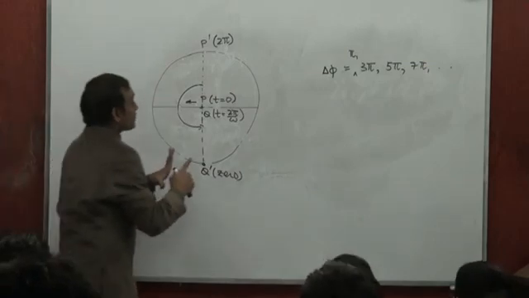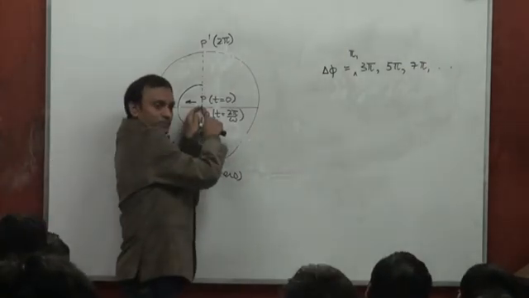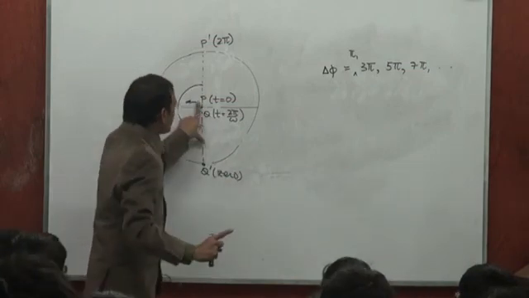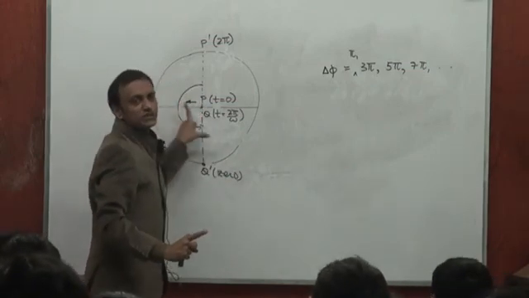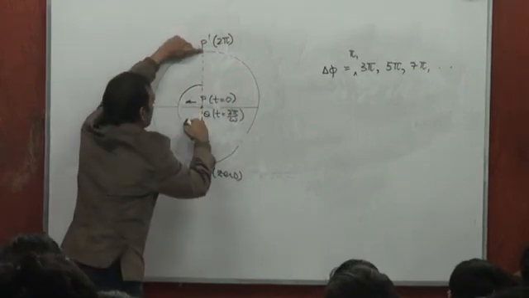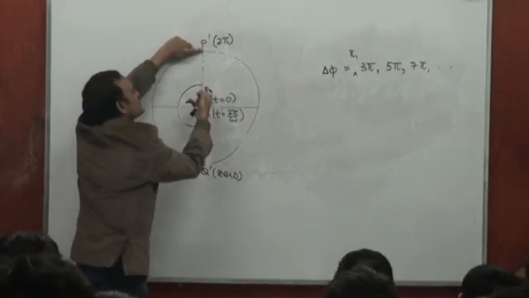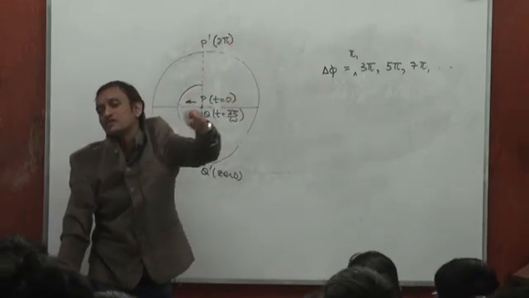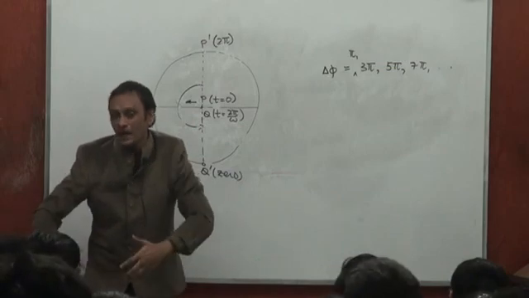Why? Because when at the mean position, if the two particles are observed at the same instant of time, P would be moving leftwards, Q would be moving rightwards, and the angle described here is pi radians, which is the same as pi plus 2 pi, pi plus 4 pi, pi plus 6 pi, and so on.